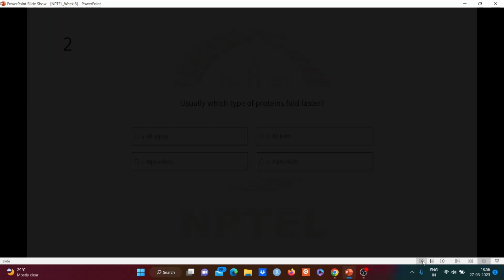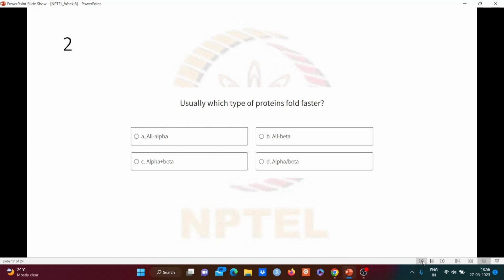Okay. Next is, which types of proteins fold faster? I think I have discussed this and it is easy to answer. We are doing the second question: which structural class of proteins fold faster?